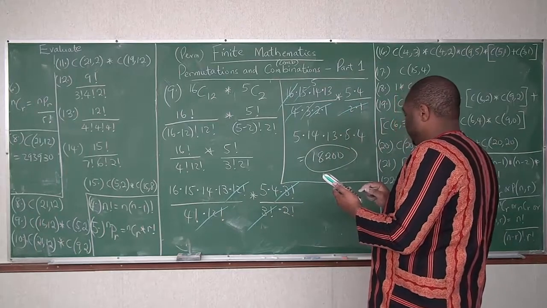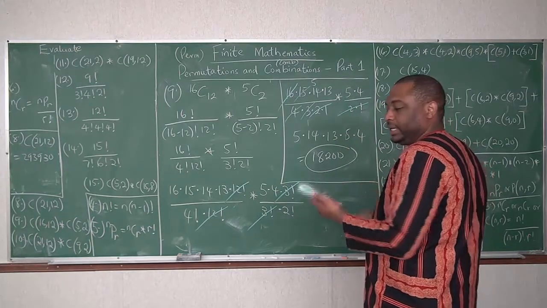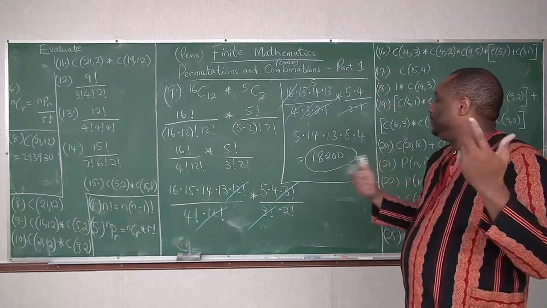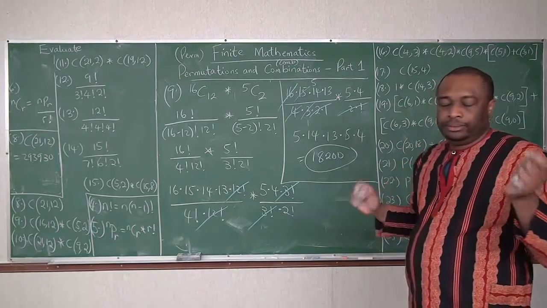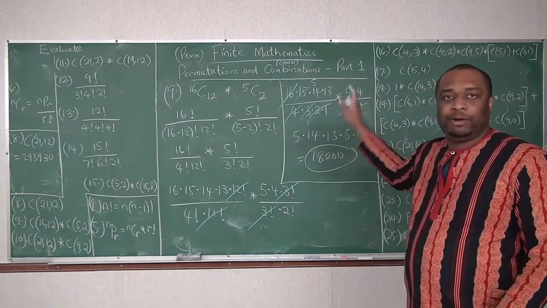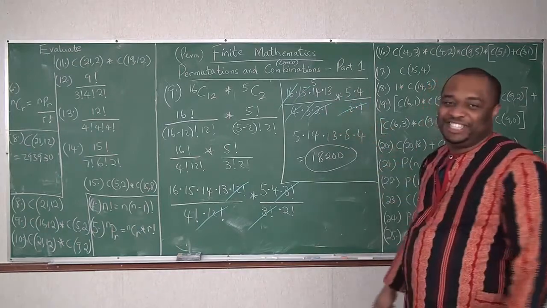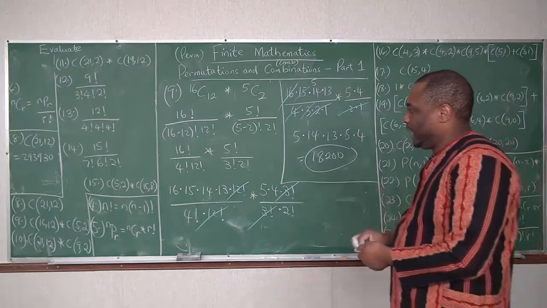And you can always check this with the calculator you have. If you have nCr, use it just to check it, not to serve as a cheat sheet. Okay, that's question 9.